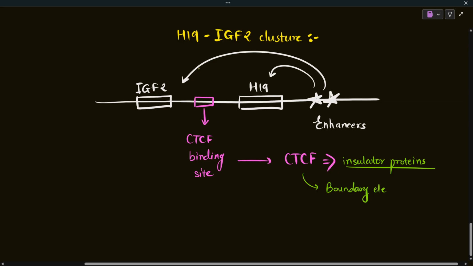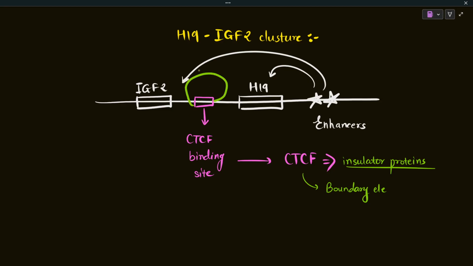Imagine this element as a wall. If CTCF is bound to this binding site, it creates a boundary here. So the enhancer can only control H19, but it cannot control IGF2 because it cannot cross this boundary. It's like a wall standing tall between IGF2 and H19.